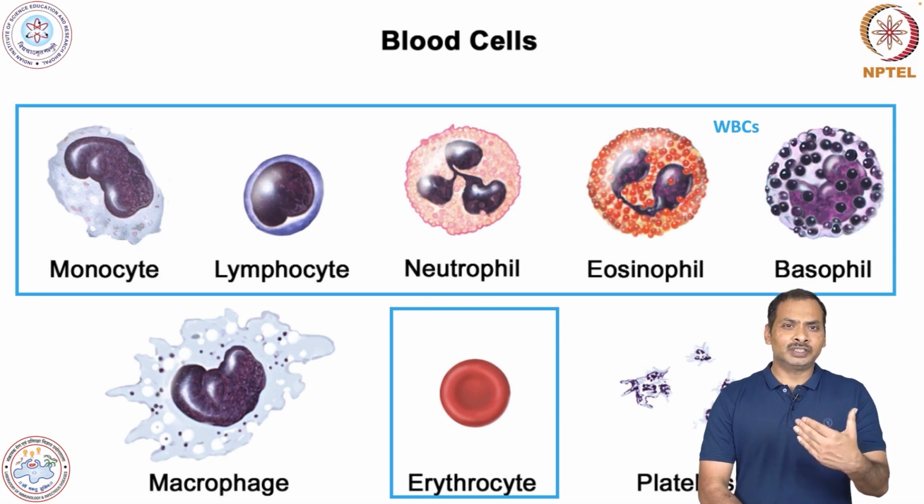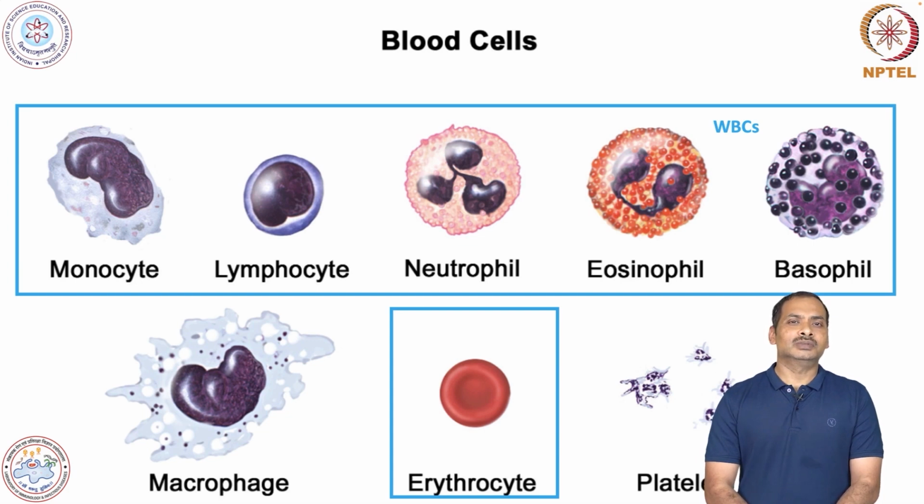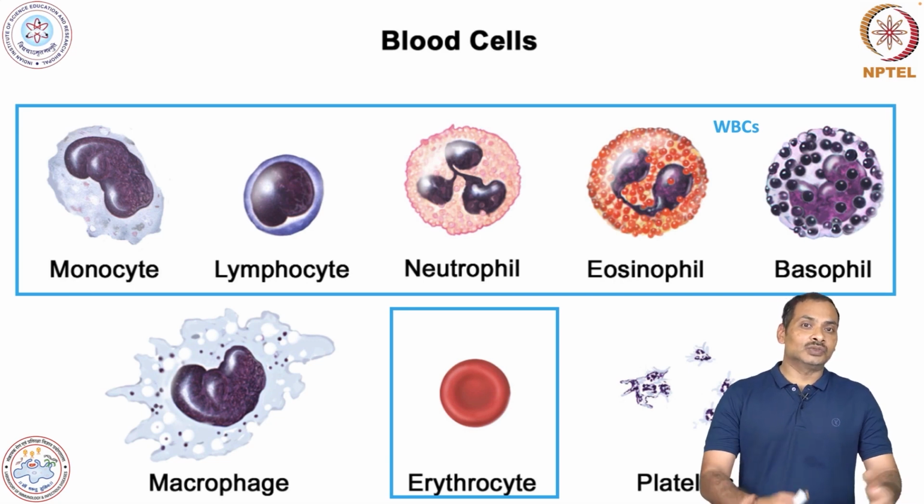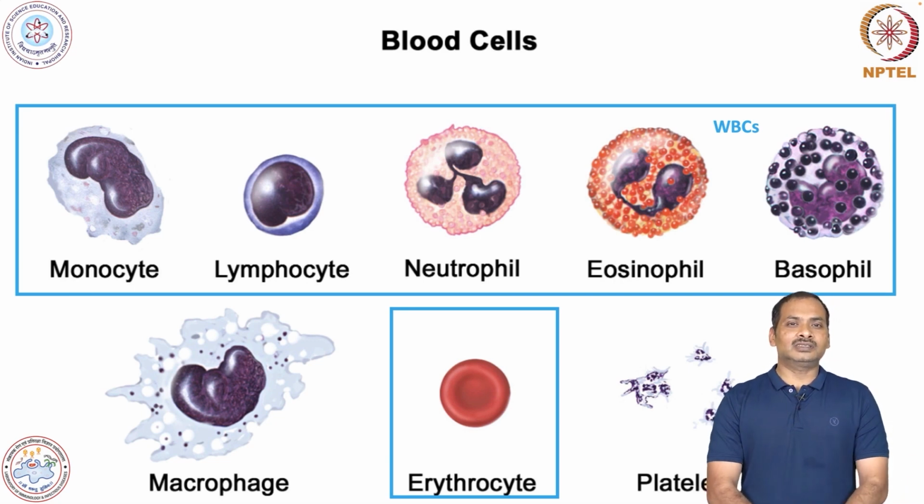If you see the blood, most of the cells are erythrocytes, right, and they are quite tiny in size and huge in number. So when they flow in the blood, there is a lot of stress on the cell. So this structure seems quite stable. It doesn't rupture so easily. So probably this is one of the reasons.